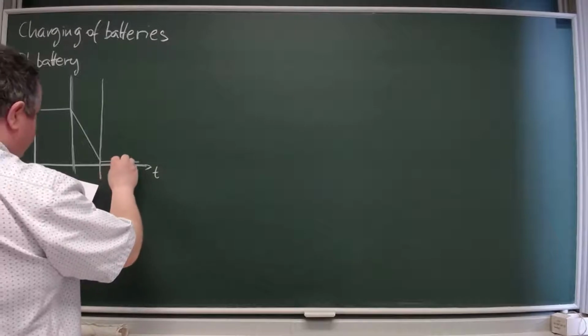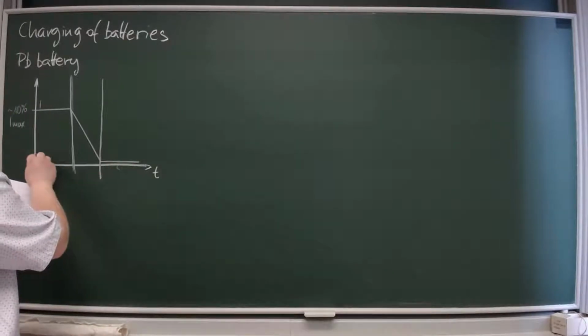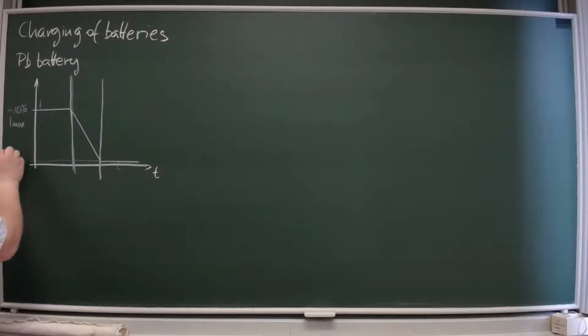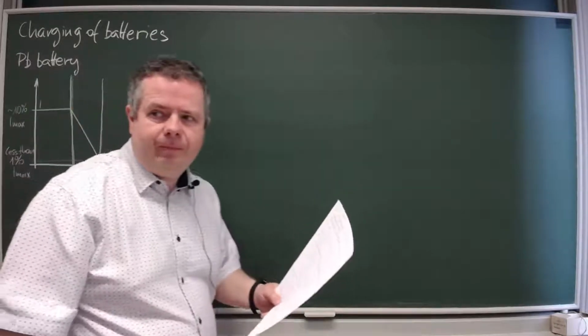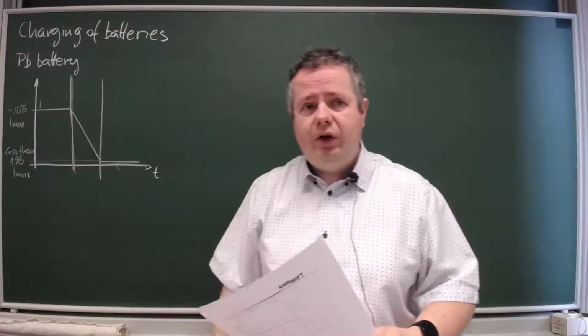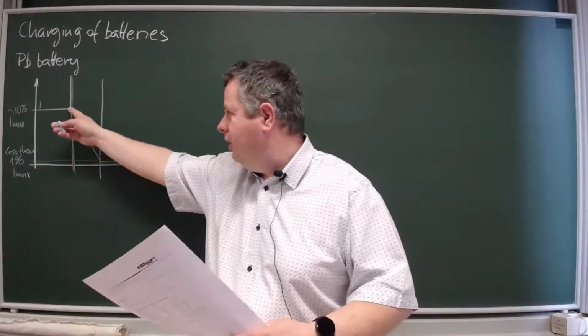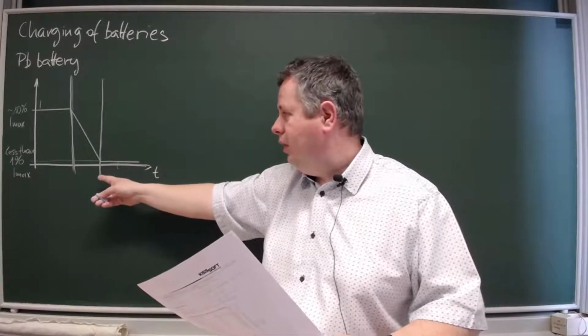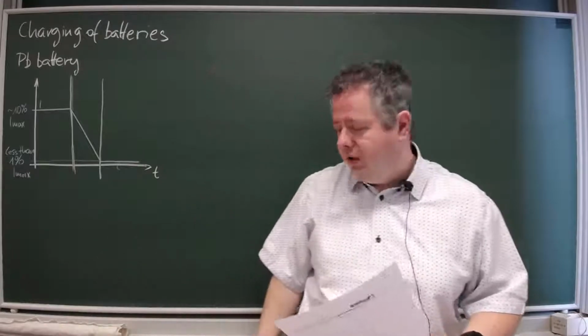And the last value is less than 1% I max. So we start with quite a high current when we charge, and then the current goes down along a ramp and remains at a small value.